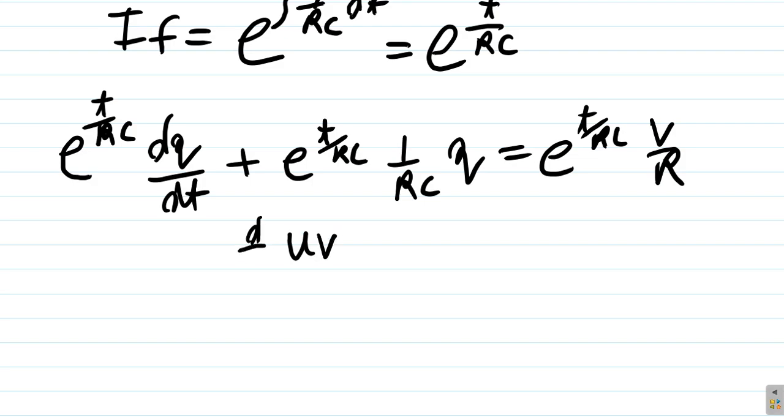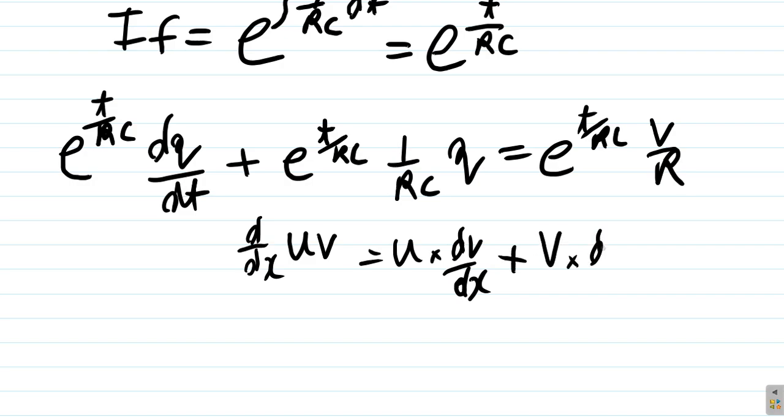So the derivative of uv with respect to x, if you use x, would be you hold u as it is times differentiate v with respect to x, find dv by dx, plus you hold v as it is times differentiate u with respect to x. Now in this case we're using t, so all these x's we could write them as t. So we're differentiating all of these with respect to t. Alright?